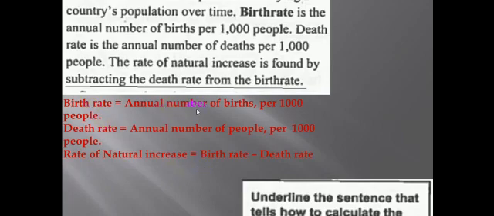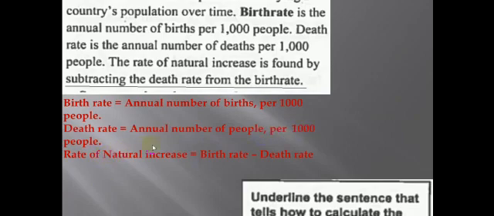Birth rate, the annual number of births per 1,000 people. 1,000 people living in one place. We will stay for one complete year, and after the year finishes, we will calculate how many babies were born in this year for these 1,000 people. Death rate, the annual number of deaths per 1,000 people.